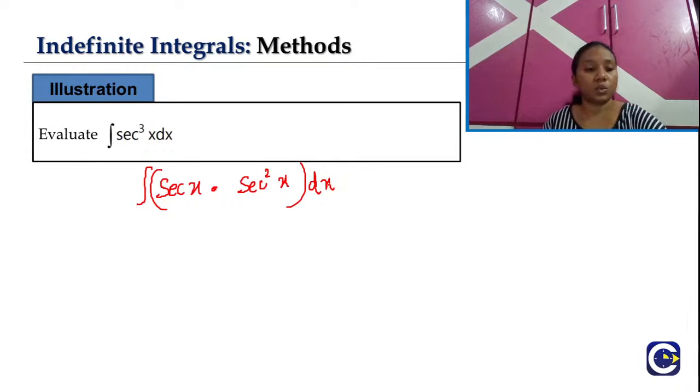Come on guys, quickly start solving it. Yes, so Shivani already gave it here. So first function will be my secant x and second function will be my secant square x. So now directly apply our integration by parts and try to simplify this.